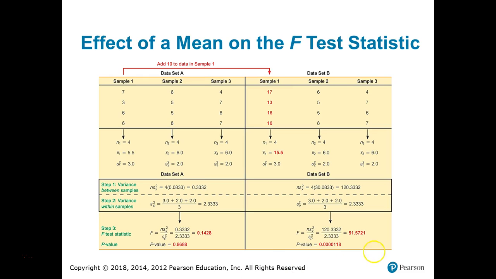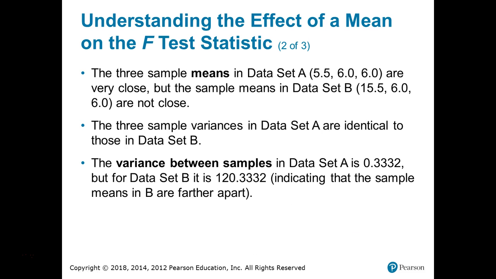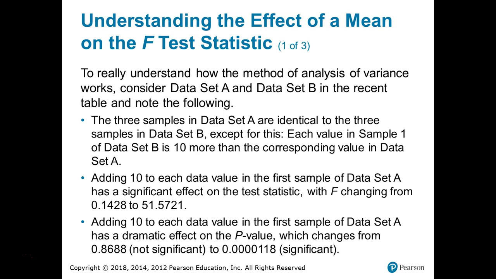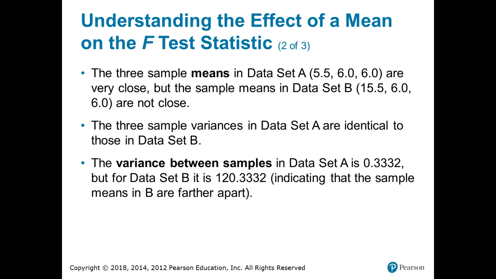Let's show you how that came about again. It went from this small number, happy, we're happy, to this huge number, unhappy, sad. And then the same addition of 10 results in a huge difference in the p-value, which changes from 0.866, which is very high, to a very, very small p-value.